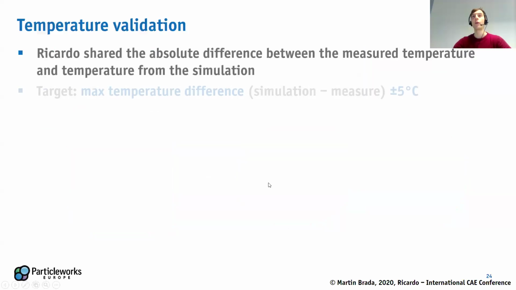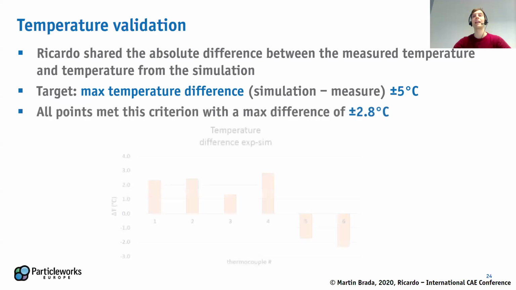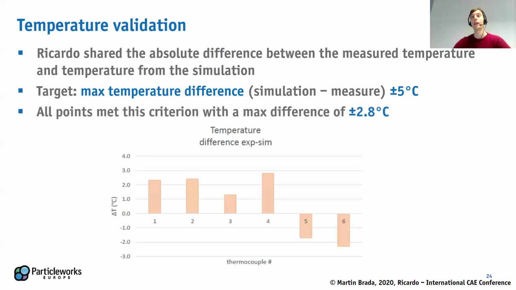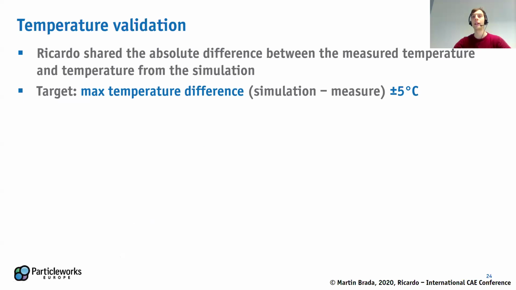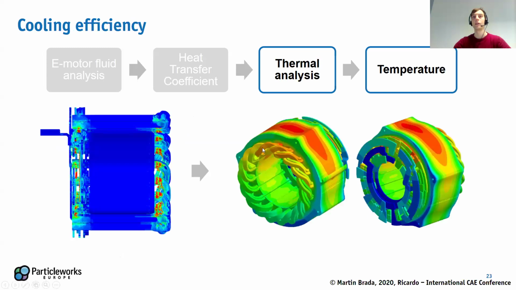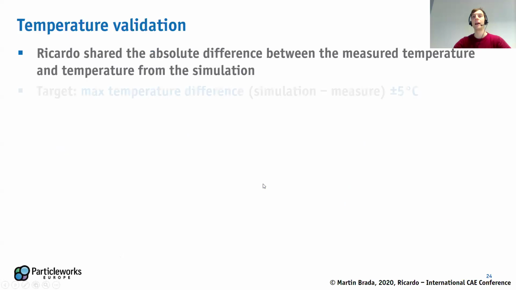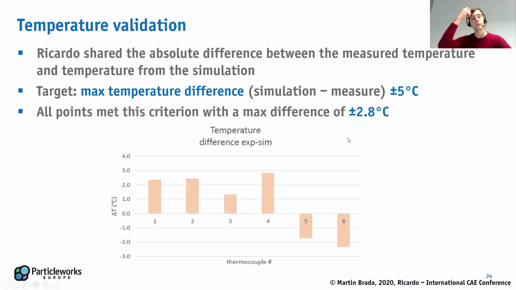And of course, as mentioned, we want to understand if there is a good correlation between simulation and an experiment. And Ricardo had 6 thermocouples on the windings, so in different locations of the coils here of the windings. So you have to imagine, like in 6 locations, they could see the temperature distribution.